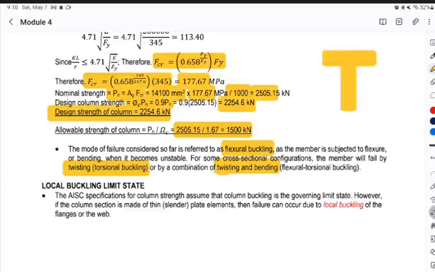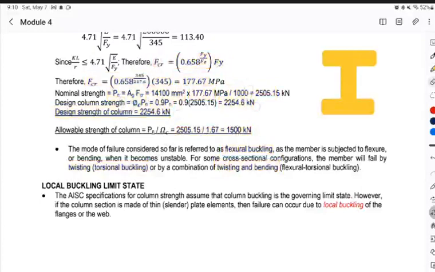Okay, so we have the wide flange section here.